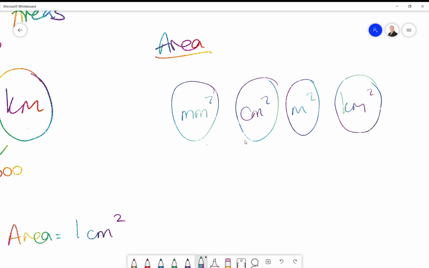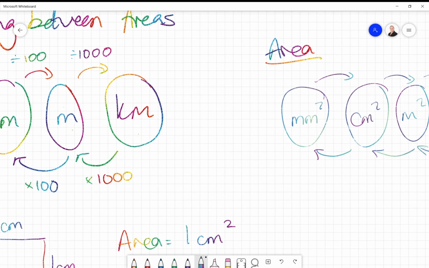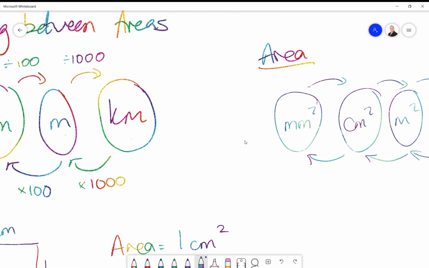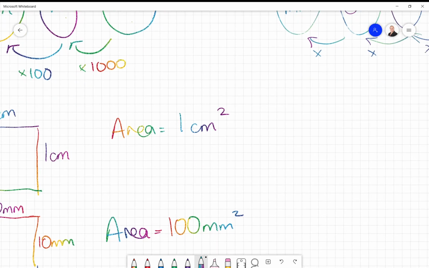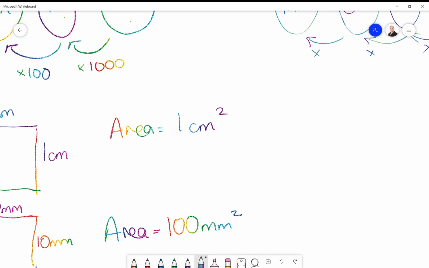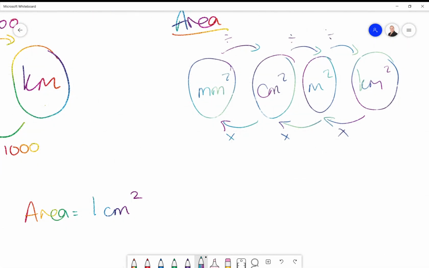Okay, so I go that way, that way, that way. Hopefully you can recognise, if we divide on the top last time, we divide on the top this time. Times on the bottom. So 1 centimetre squared is the same as 100 millimetres squared. So our number here now is 100.